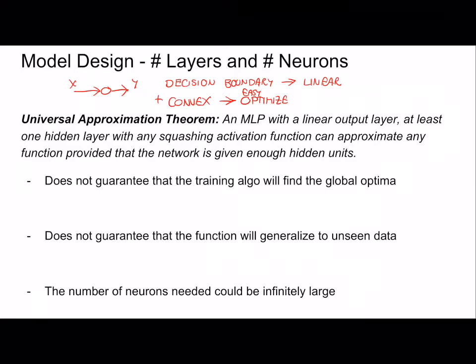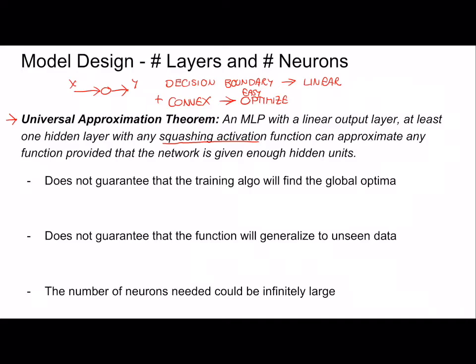Okay, there's a theorem called the universal approximation theorem that states that a multi-layer perceptron with a linear output layer, at least one hidden layer, and any squashing activation function can approximate any function. A squashing activation function is like the sigmoid function, which takes a range of values from minus infinity to infinity and squashes them to a range from 0 to 1.